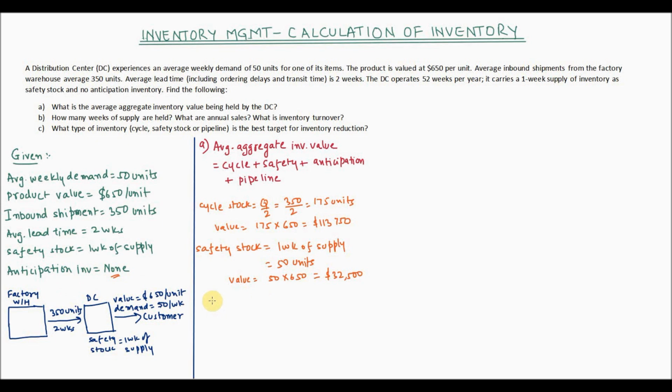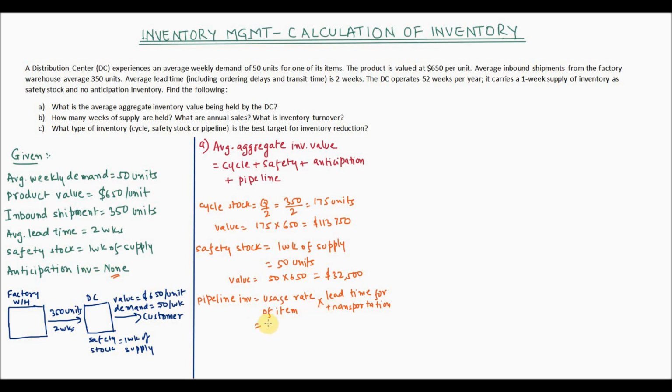Next is pipeline inventory. So let's find out the pipeline inventory. So pipeline inventory is equal to the usage rate of the item, that means demand that is there, multiplied by the lead time for transportation. So basically, if your per week demand is 50 units and it takes 2 weeks for you to transport, then you will order 50 into 2, that is 100 units.